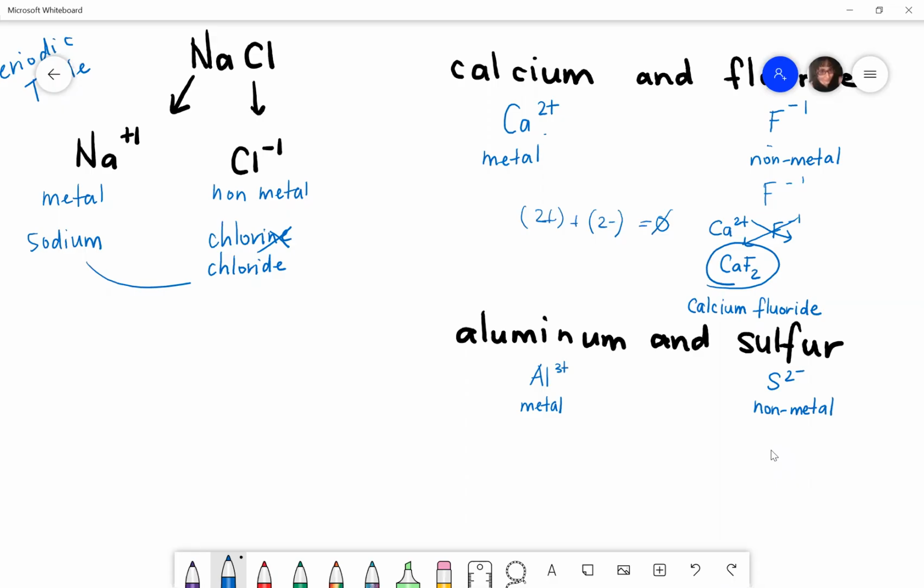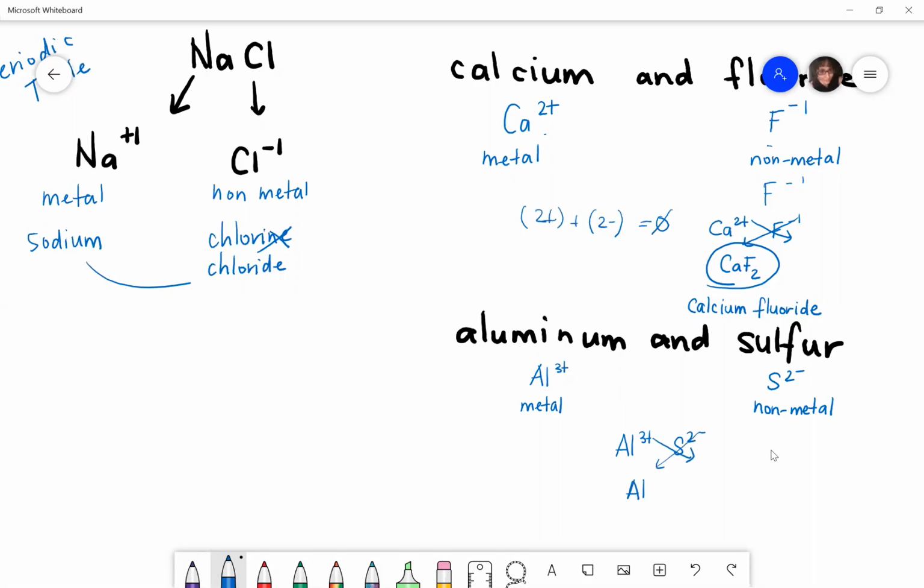And then follow the steps. If you want to prove what's happening in terms of the charges, you can do so for steps 3 and 4, or simply follow the crossover method. Bring everything closer together and cross like so.